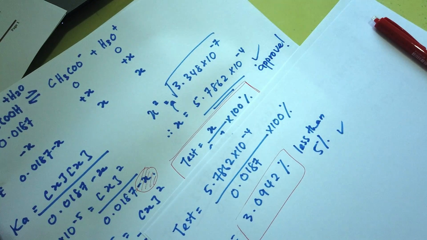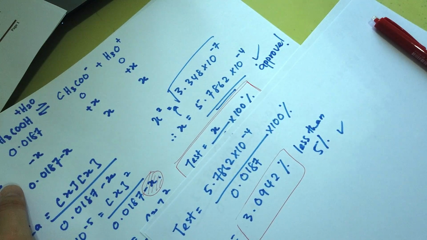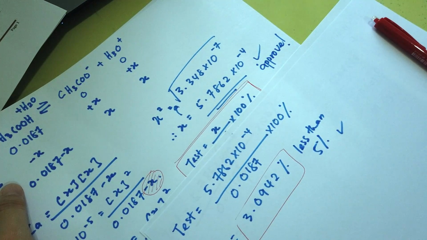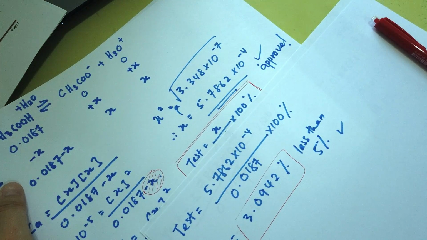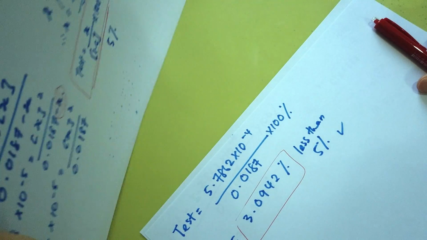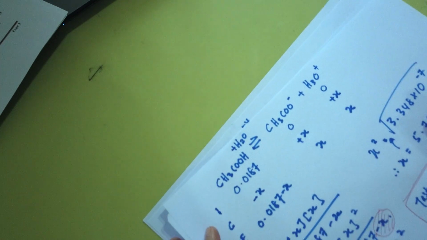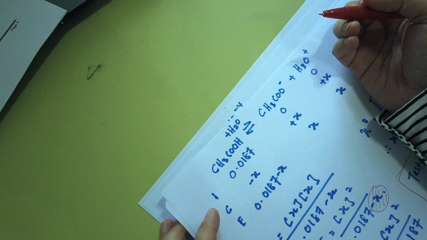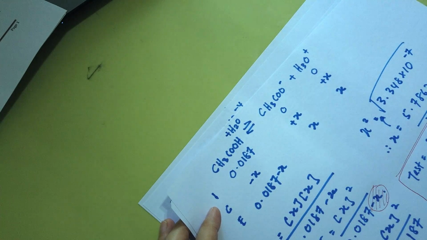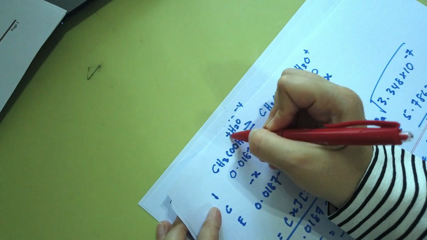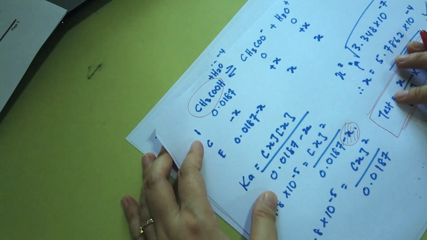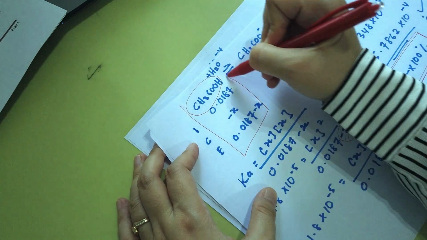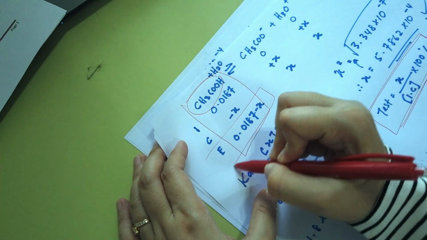Next, the question asks what is the concentration of CH3COOH at equilibrium. So we look back at this ICE diagram. It wants you to calculate the concentration of acetic acid at equilibrium.